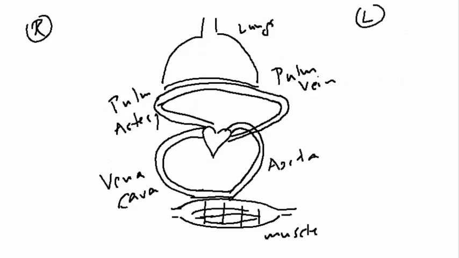Now we're going to take a look at the other area of interest, and that is between the systemic capillaries and the muscle fiber. In the systemic capillaries and the muscle fibers, gas exchange. So I'm going to draw one big muscle right here.